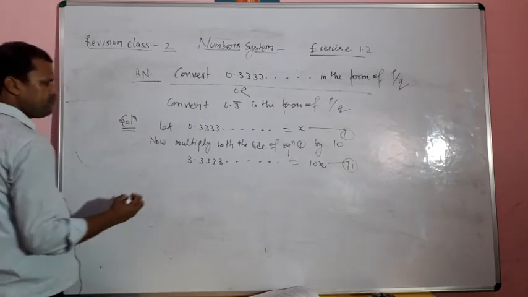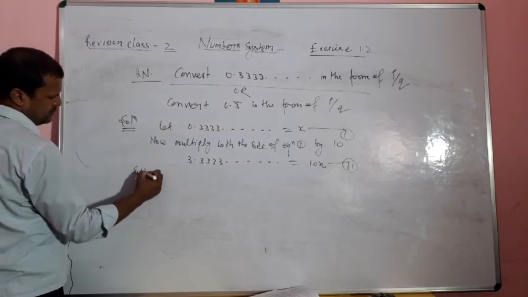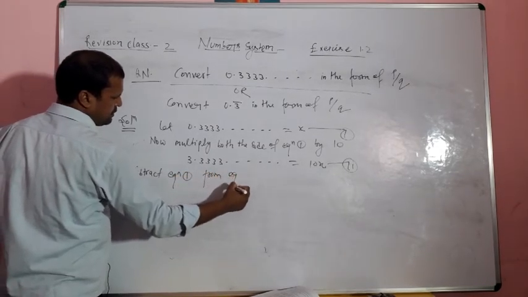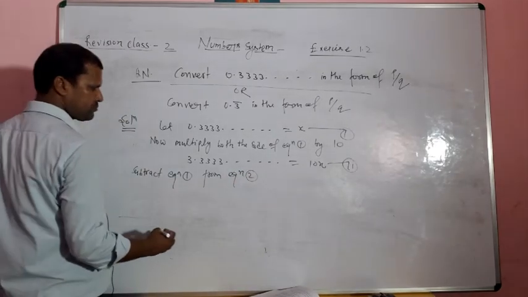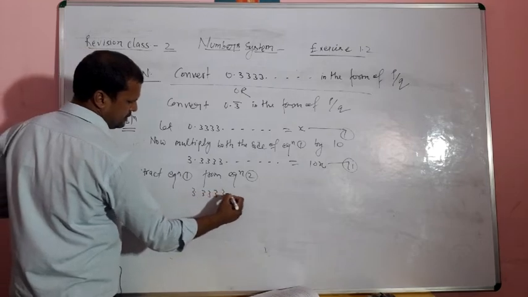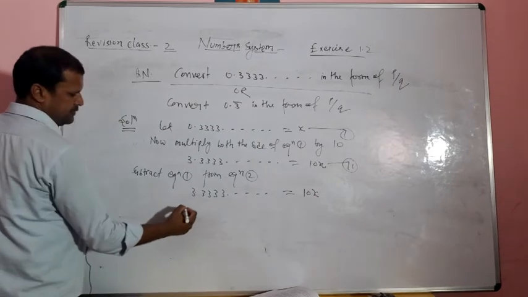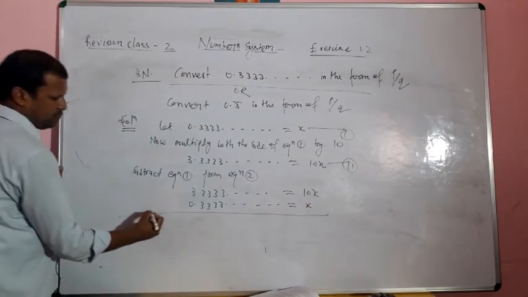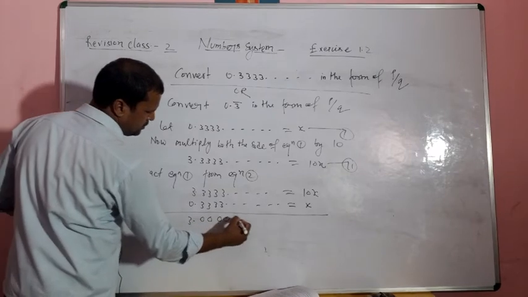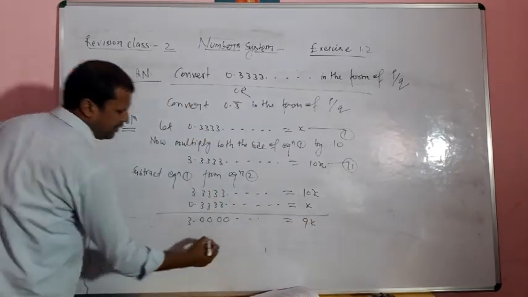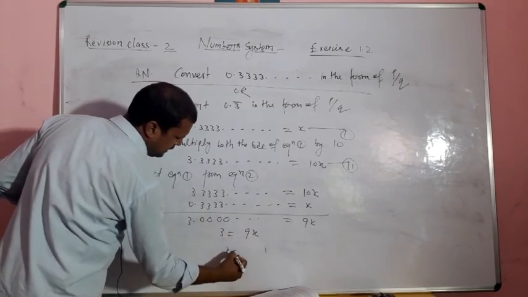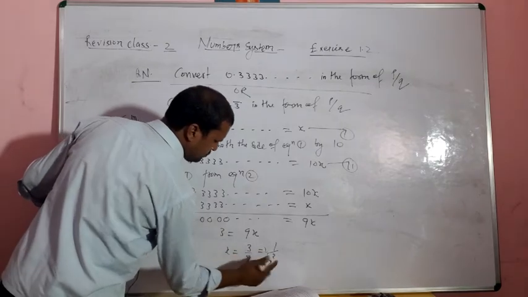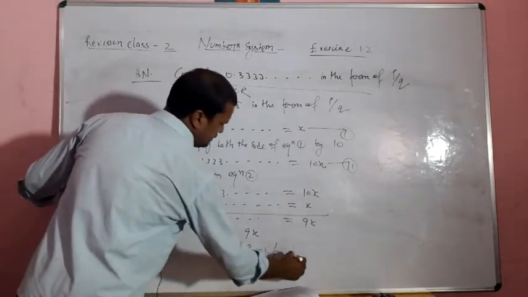Now subtract equation 1 from equation 2. 3.333... equals 10x and 0.3333... equals x. Subtracting, 3.000 equals 9x, or 3 equals 9x, and x equals 3 by 9, that is 1 by 3. This is the answer.